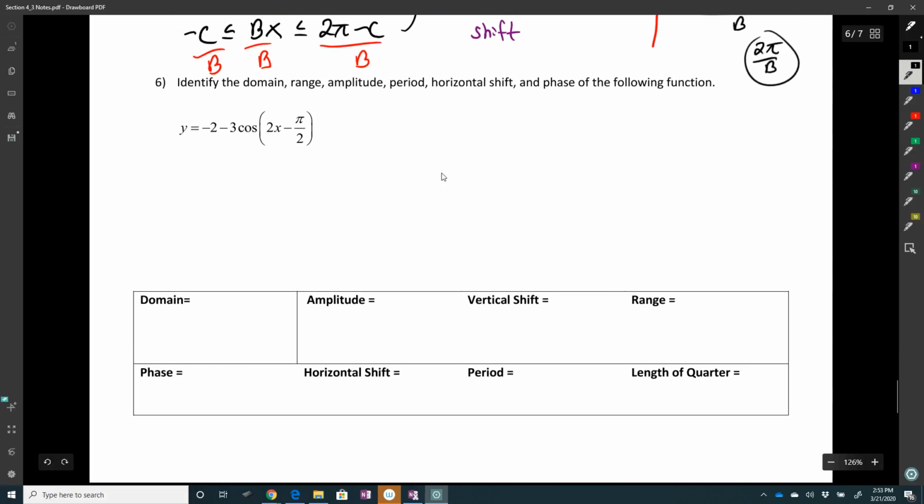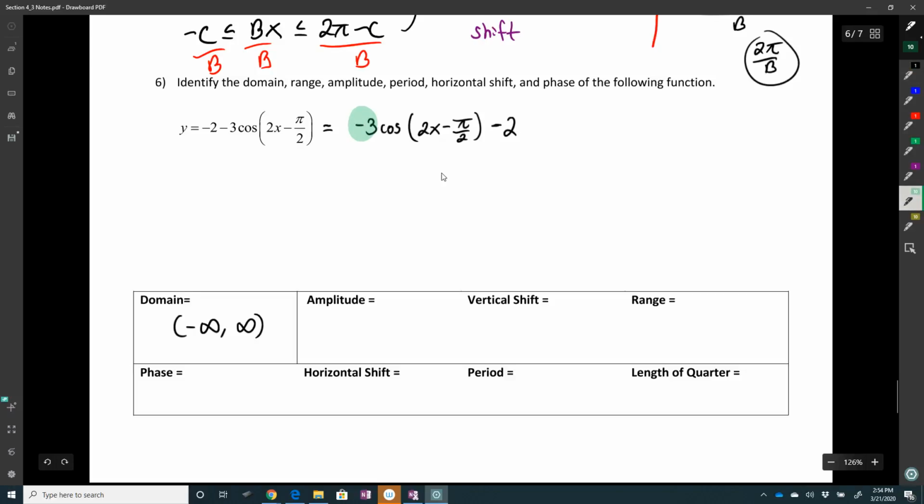Anyway, so for this problem, let's identify the domain, range, amplitude, period, horizontal shift, basically everything that could possibly be done, we're going to try to find for this equation. So first I'm going to rewrite it. I have negative 3 cosine of 2x minus pi over 2, and this is minus 2. So I changed it so the k is on the outside. So I know that my domain is negative infinity to infinity. That never changes.